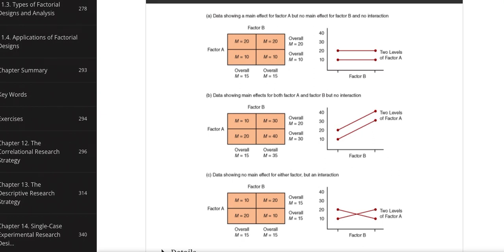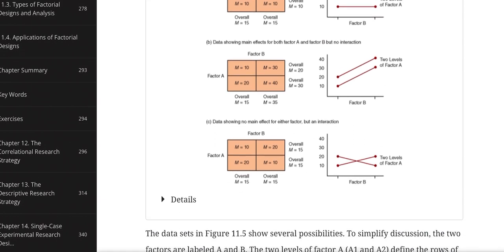You see the two lines are parallel. The second middle set there is showing you that there's a main effect for both factor A and factor B. Again, because those means are different, the column and row means are different, but there's no interaction, again, because those lines are parallel in the graph.